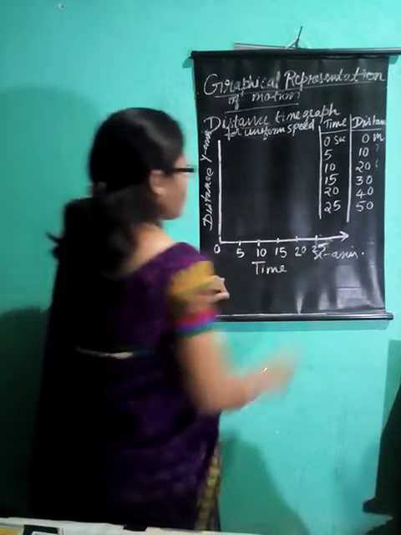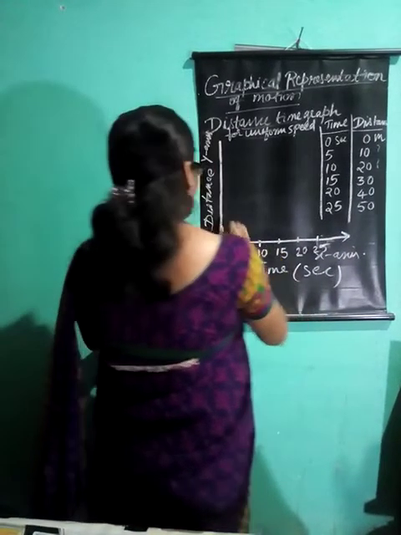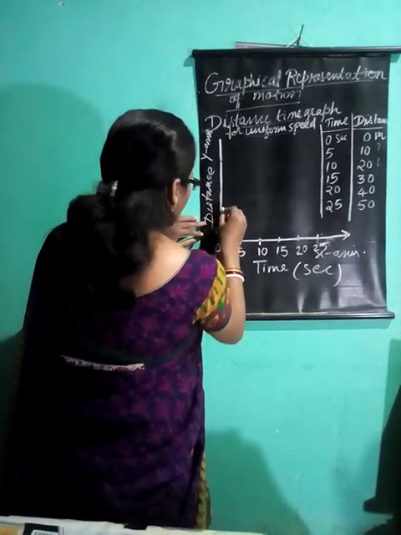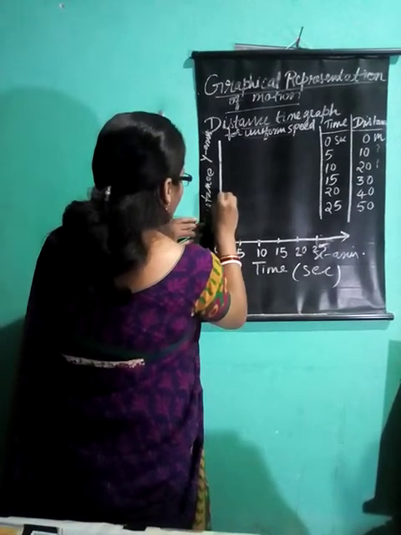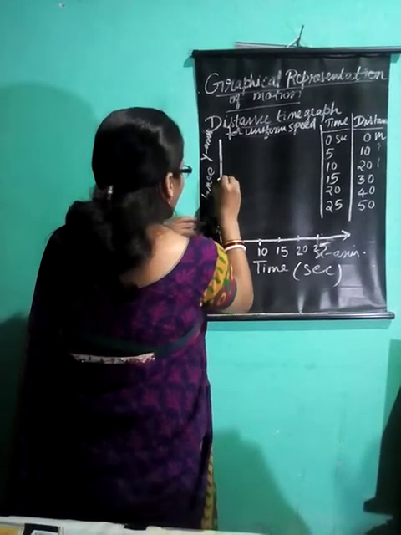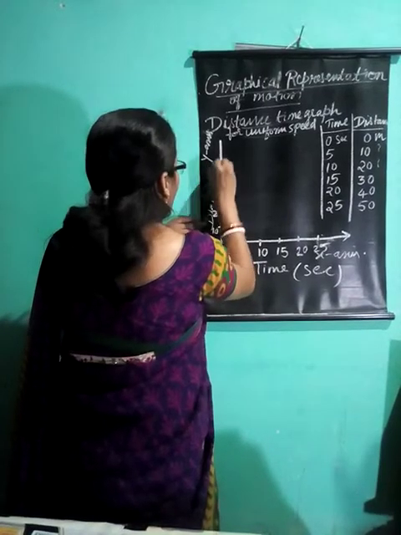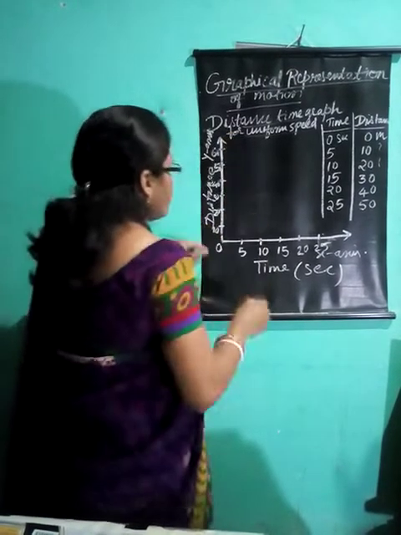So here we have marked time in seconds, and now distance. 0, then 10, 20, 30, 40, 50, here 60. So this is your distance.